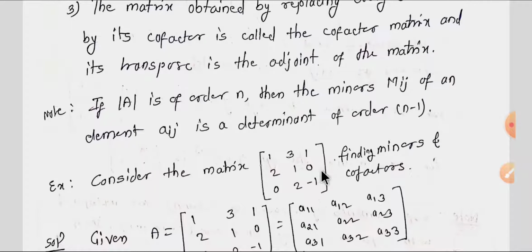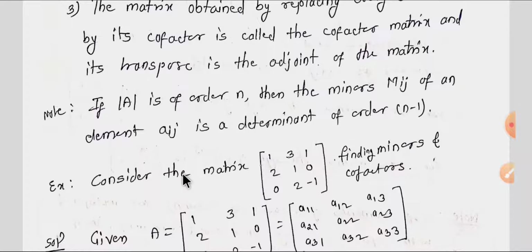We find minors and cofactors of each element: minor of 1, cofactor of 1, cofactor of 3, cofactor of 1, corresponding to all the elements. The matrix obtained is called the cofactor matrix, and the transpose of that matrix is nothing but the adjoint of the matrix.